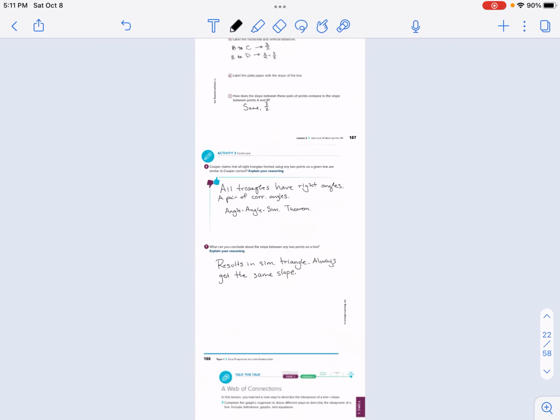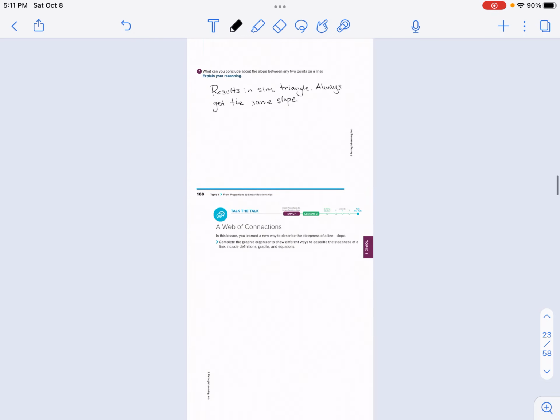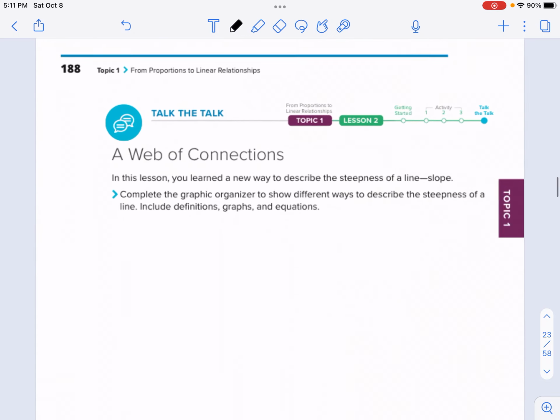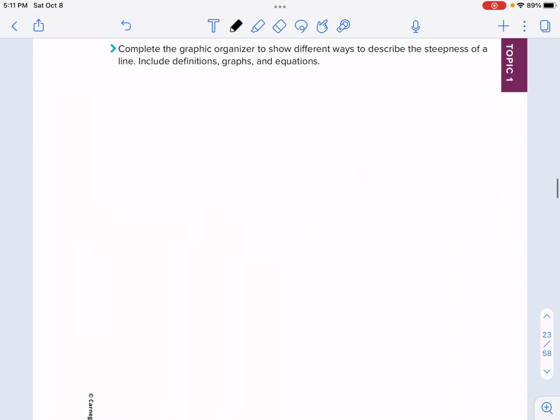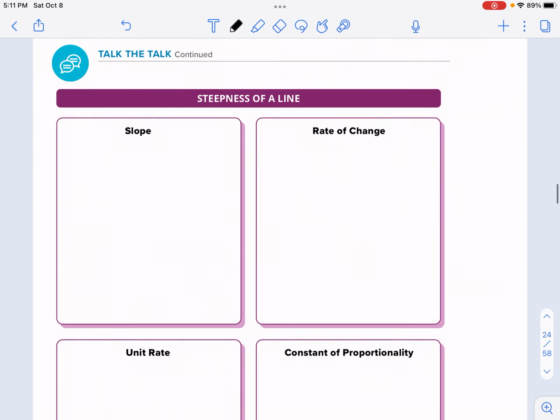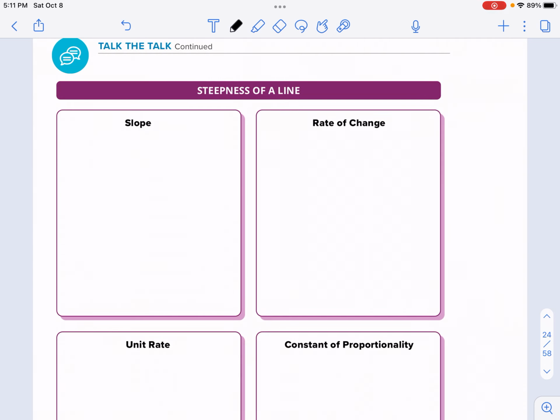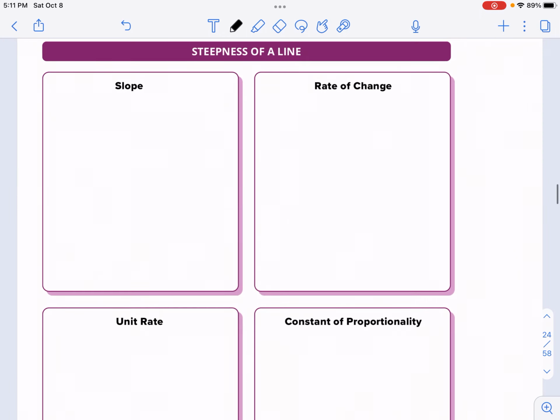Anyways, we're going to go to Talk the Talk here. This just says on the back side of this paper, so this is 189, we're going to create some type of graphic organizer. So if you go to the back side, we're going to do this very quickly because I don't want to make notes super long. Let's talk about these 3 things. Okay, so the slope.